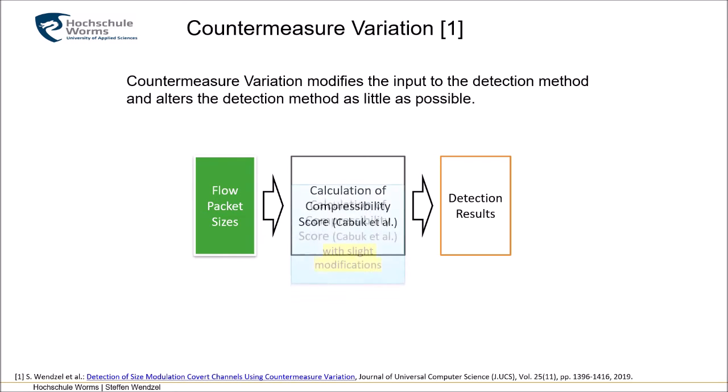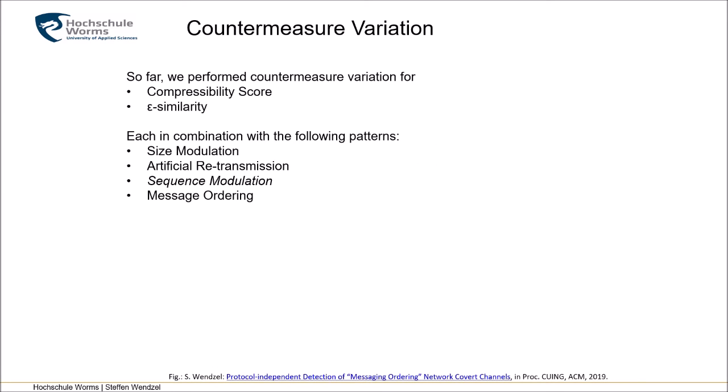And we modify the original algorithm as slightly as possible so that hopefully the detection results are still useful for us. And we did this. We performed such a countermeasure variation using the compressibility score and Epsilon-Similarity, and actually also another metric called the regularity metric, but this is off topic for now.